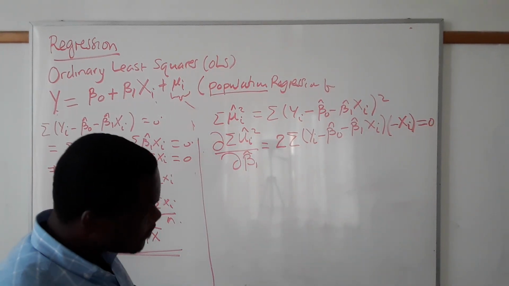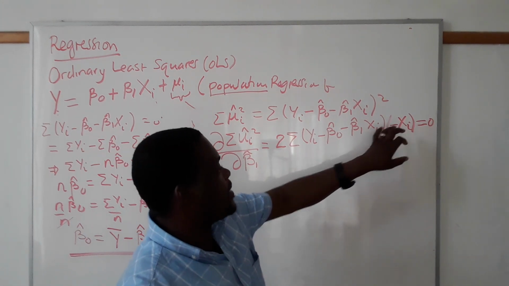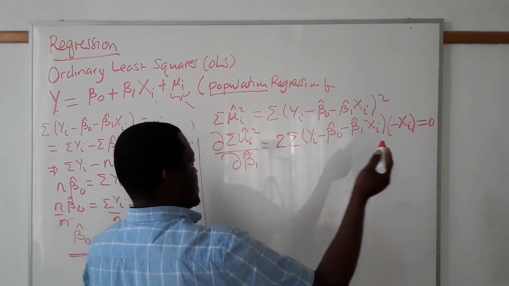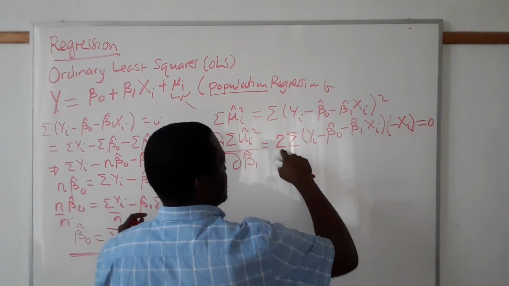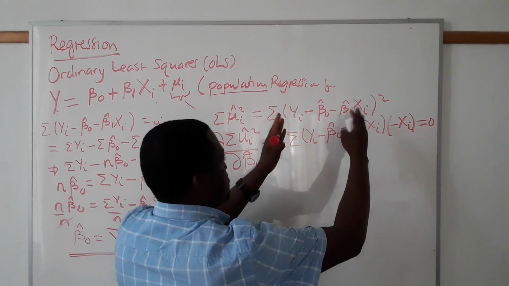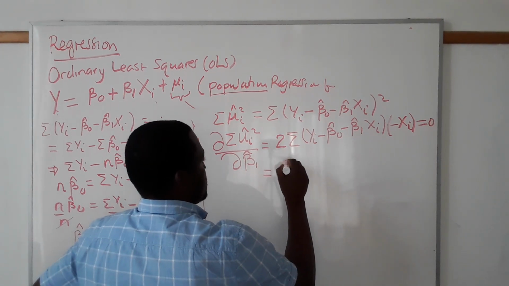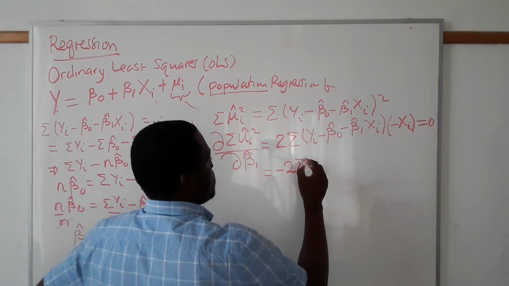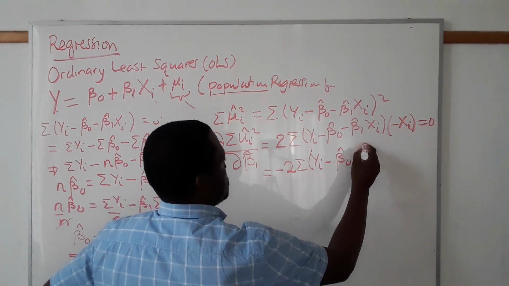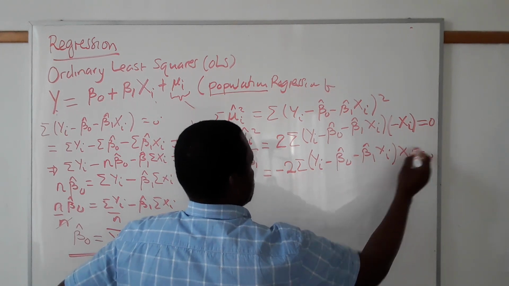Now, we can take this minus sign and bring it here. All these things are multiplying each other, so it doesn't matter whether the minus sign comes here or you put it anywhere else, respecting the brackets and so forth. So this is minus 2 times the sum of yi minus beta hat 0 minus beta hat 1 xi, times xi, equal to 0.